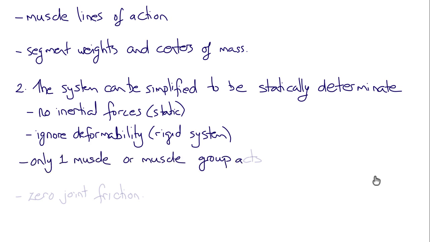And thirdly, that only one muscle or muscle group acts. In real joints, not only are the tissues deformable, but more than one muscle or muscle group acts, and so we have to simplify a real system in order to make it statically determinate. And finally, that there's zero joint friction, and normal joints have very low friction, so this is usually a good assumption.